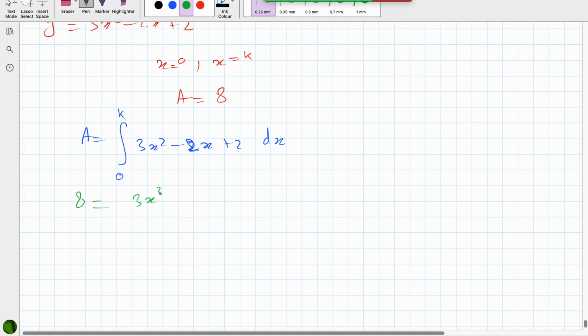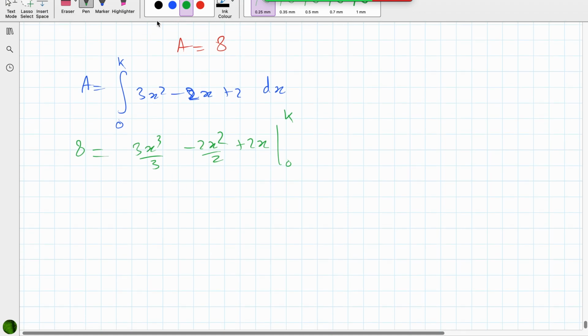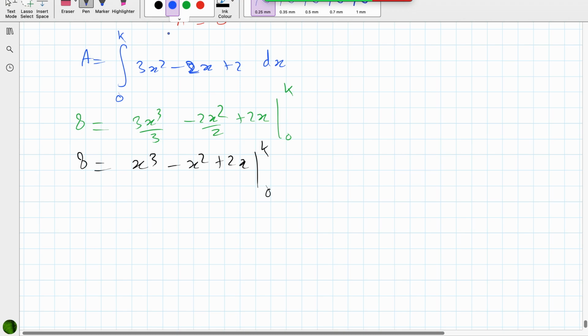This is 3x cube over 3 minus 2x square over 2 plus 2x, limits 0 to k. Simplifying before substituting the limit, x cube minus x square plus 2x, 0 and k. Now I'm substituting k first. So 8 is equal to k cube minus k square plus 2k, upper limit minus lower limit.